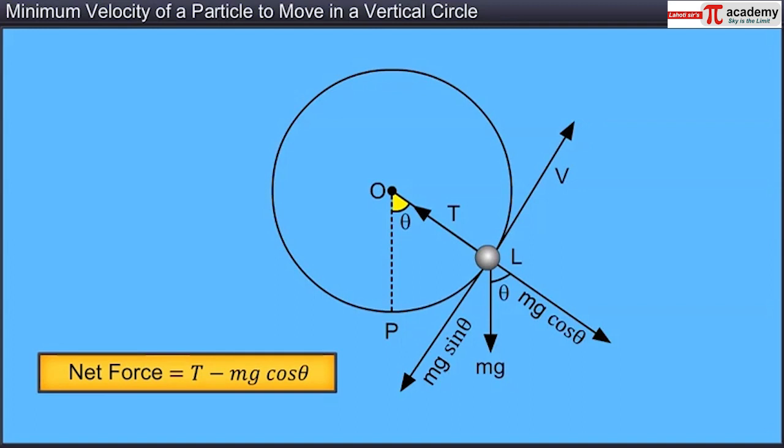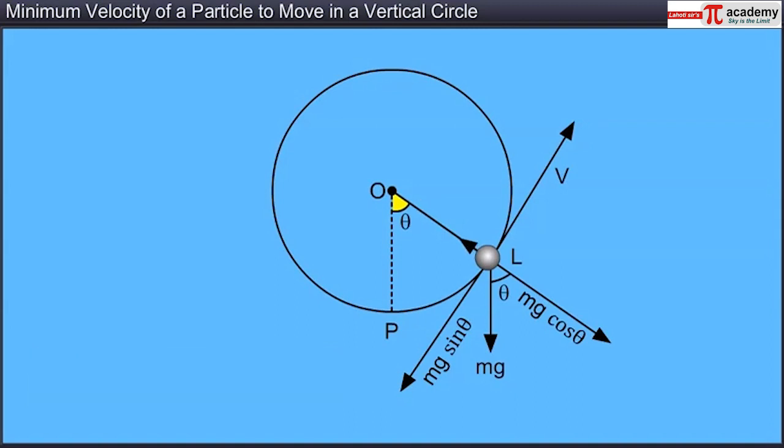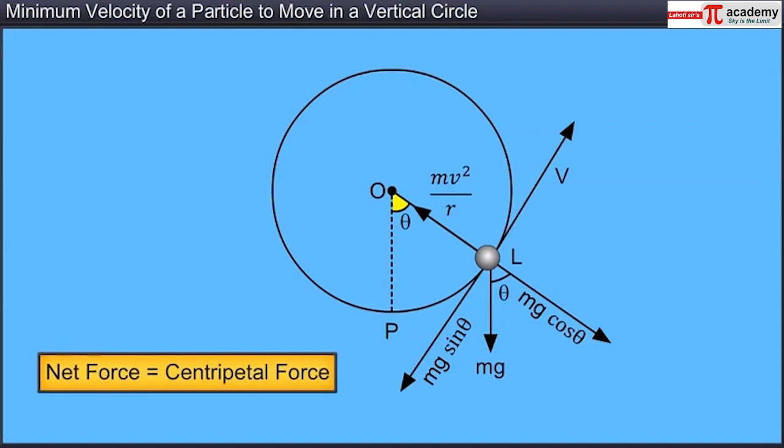So, the net force acting on the particle is given by T minus mg cos theta. Due to the centripetal force, the particle moves in a circular path. So, the net force acting on the particle is equal to the centripetal force.